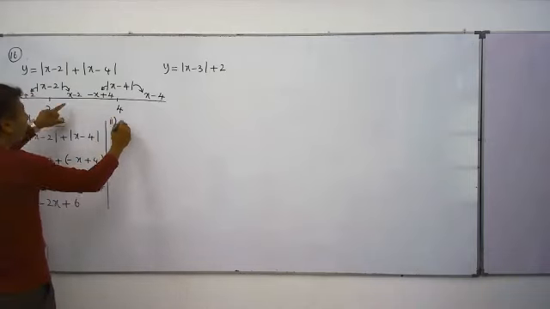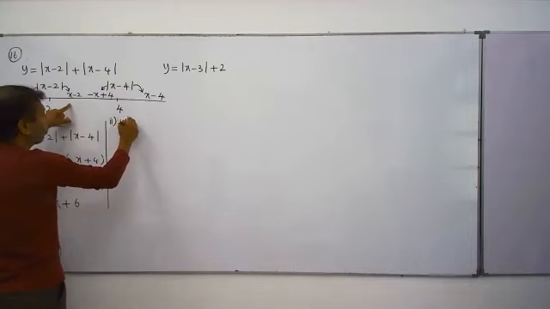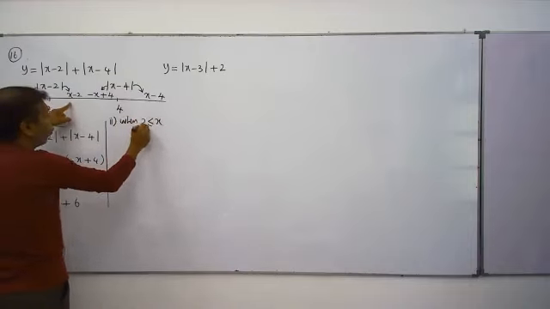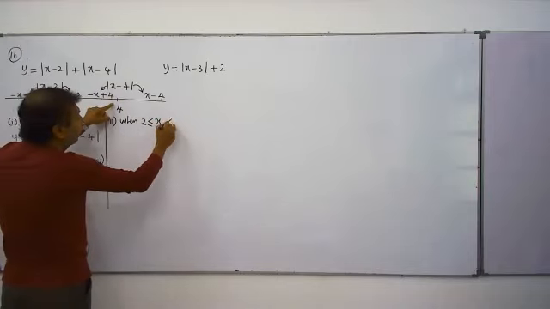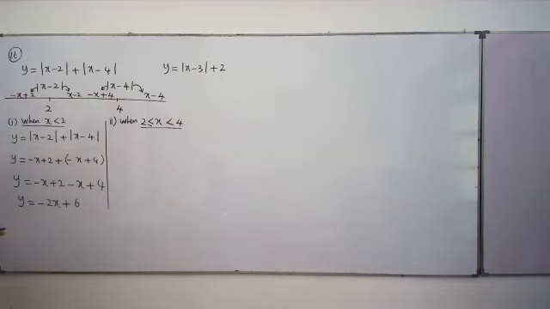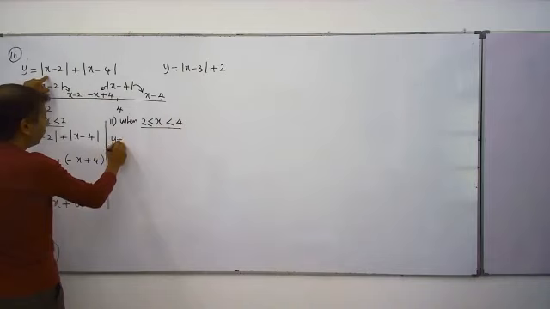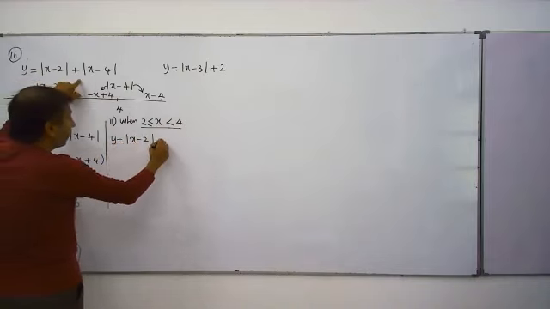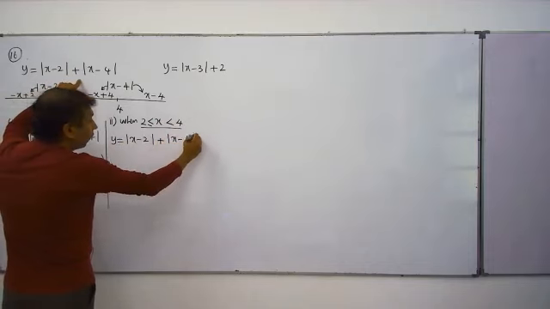Second interval, when x greater than or equal to 2 and less than 4. This interval, we'll see what happens to this. Y equals mod x minus 2 plus mod x minus 4.